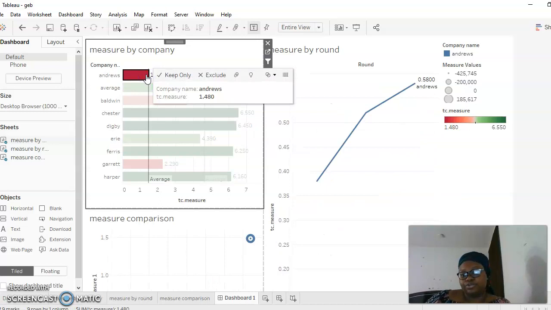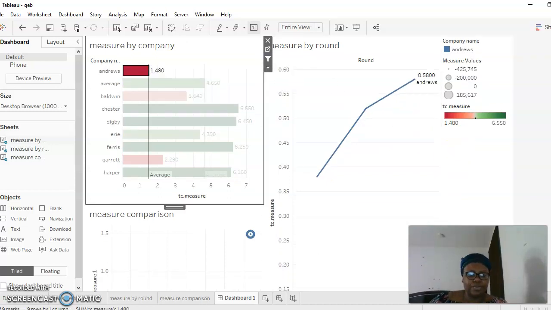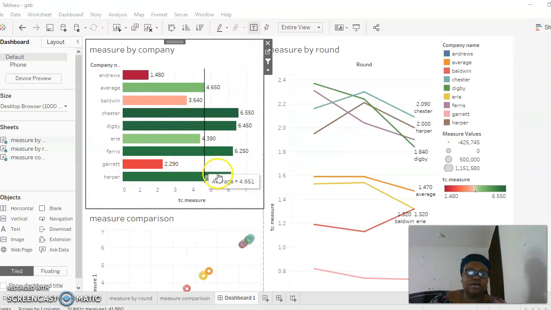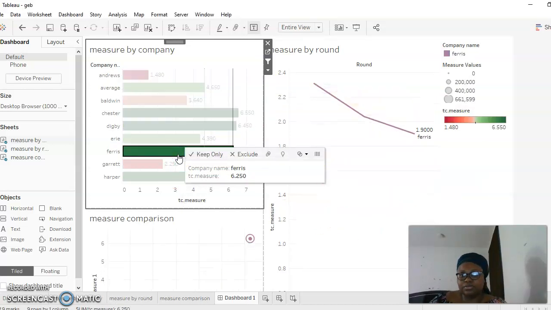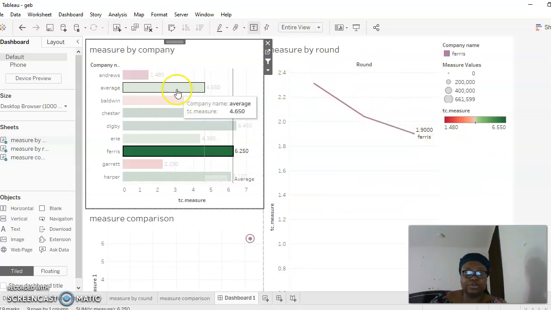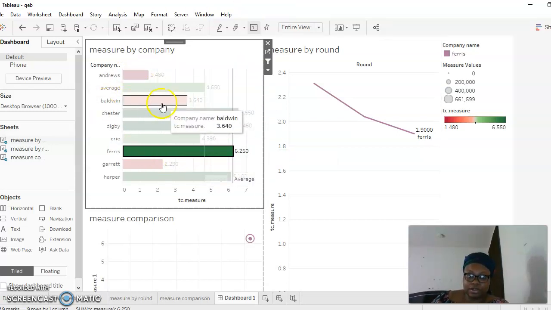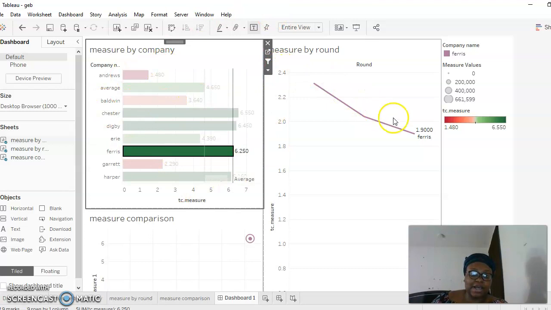Say Andrews, we can see, and then we can see how the companies perform all together. This one shows the timeline and this one shows the measurement by company. So we can see how Ferris performs amongst the other companies, and here shows the timeline of Ferris's performance.